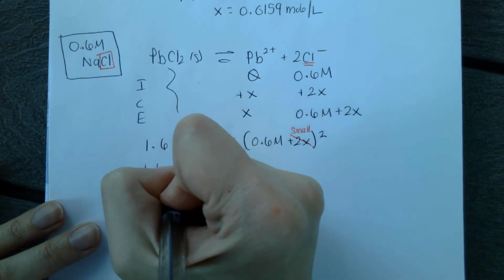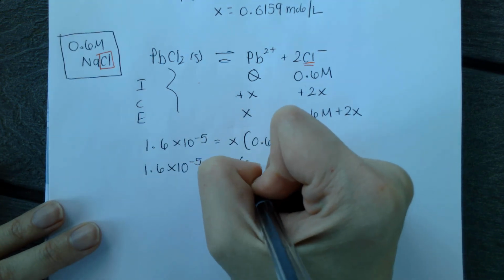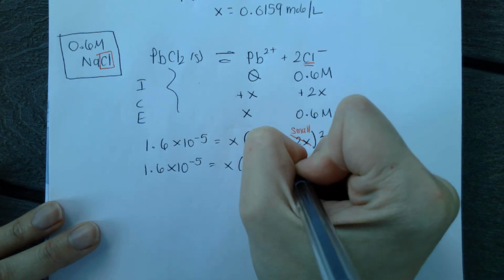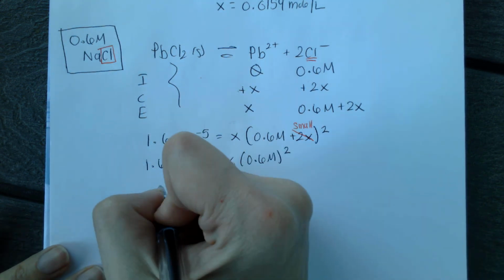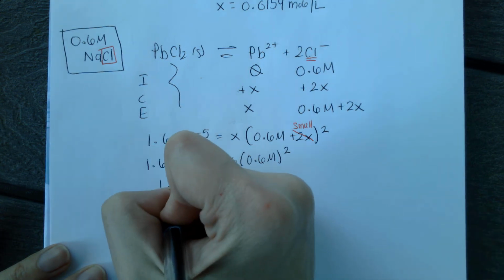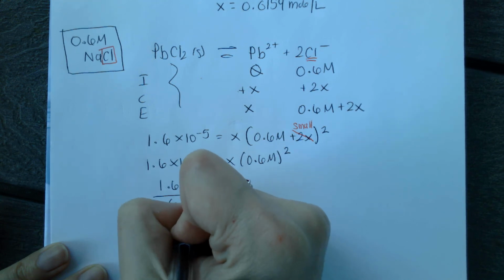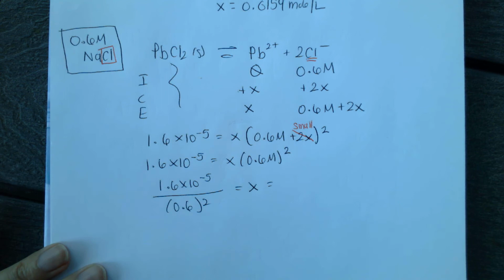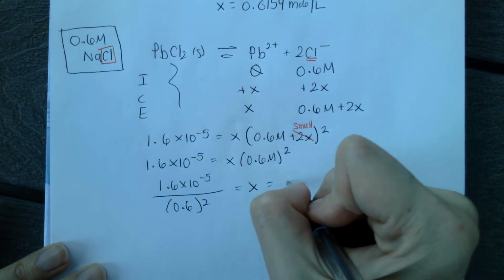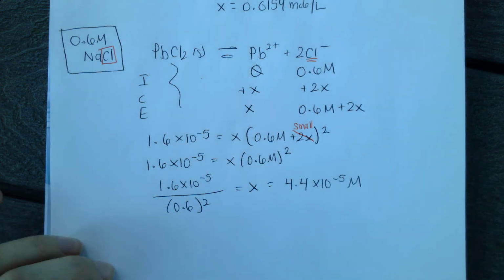Okay, so if we do that, we get 1.6 times 10 to the minus 5 equals X times 0.6 squared. We assumed that's small. Okay, so now we can solve. 1.6 times 10 to the minus 5 divided by 0.6 squared is going to equal our X. So again, just dividing that over. And when we do that, we get 4.4 times 10 to the minus 5 moles per liter.